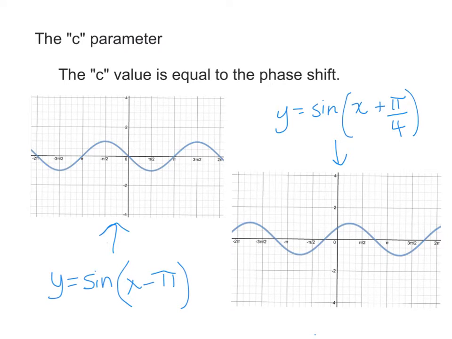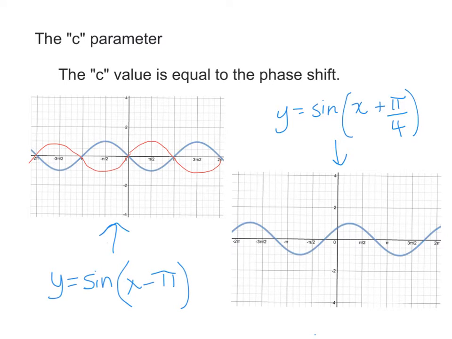So if we look at the first one here, y equals sine of x minus pi means that it's been shifted over pi units to the right. And if we think about what y equals sine x originally looked like, it goes through 0, 0. It looked like this red line, more or less.